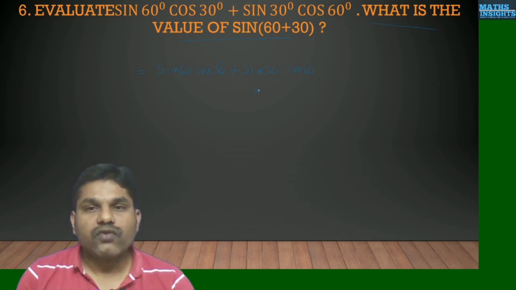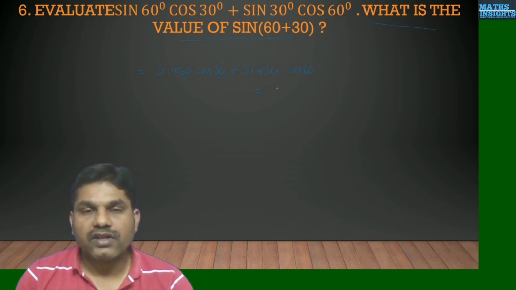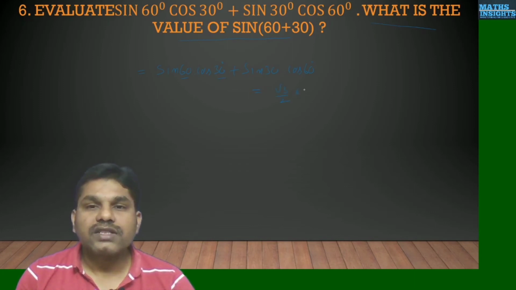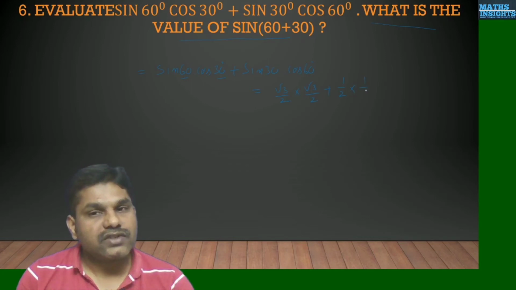Again it involves remembering the trigonometric values of specific angles. Sin 60 is root 3 by 2, into cos 30, which is also root 3 by 2, plus sin 30 is 1 by 2 and cos 60 is also 1 by 2.